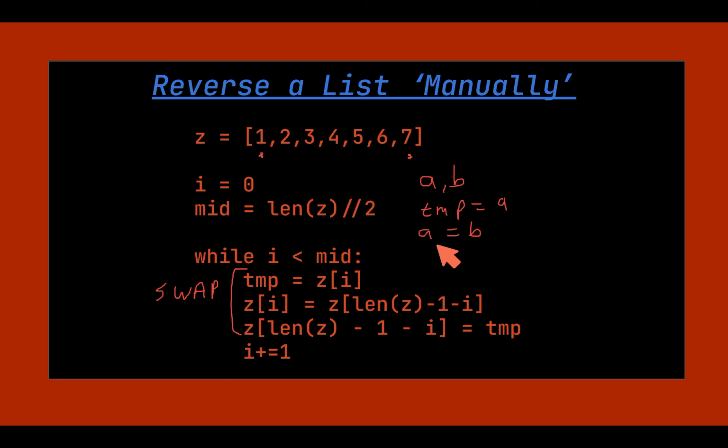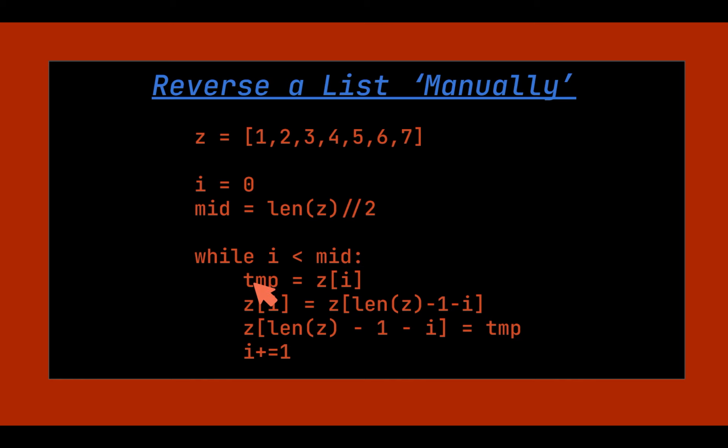A will assume the value of B, and then B will assume the value of temp, which was the old value of A. A is B now, and B is A's old value, so you have a swap there. So this encompasses a swap, and that's exactly what's happening down here in the while loop.